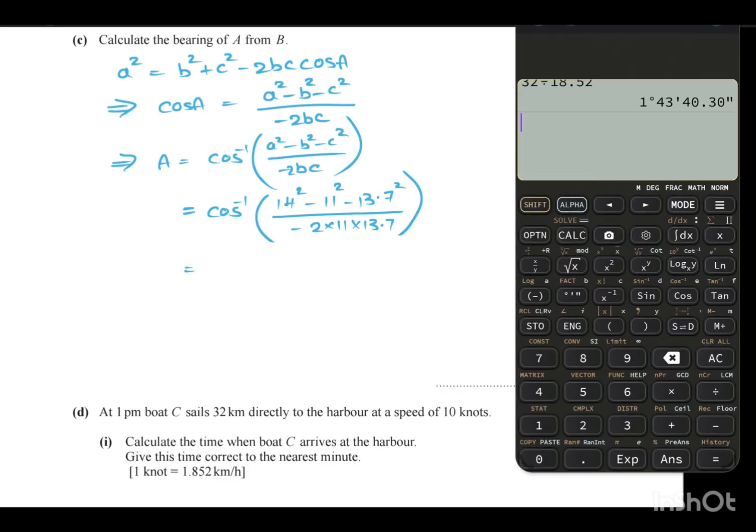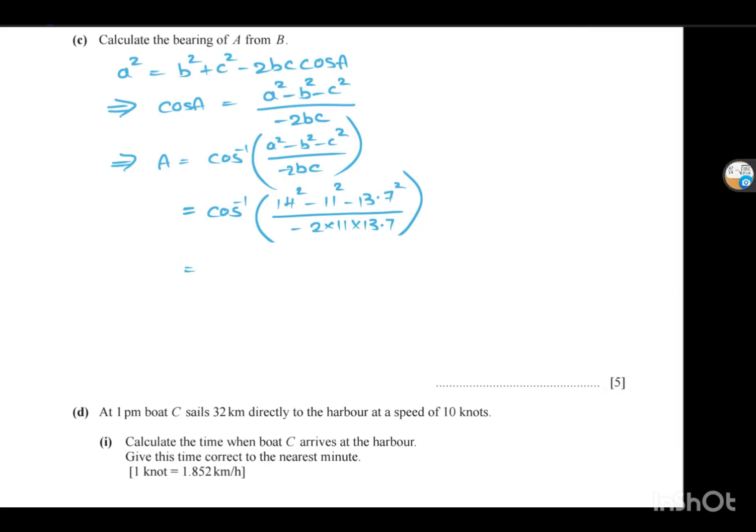Put this in the calculator. Cos inverse of (14 square minus 11 square minus 13.7 square) by (minus 2 into 11 into 13.7) gives 68.044.